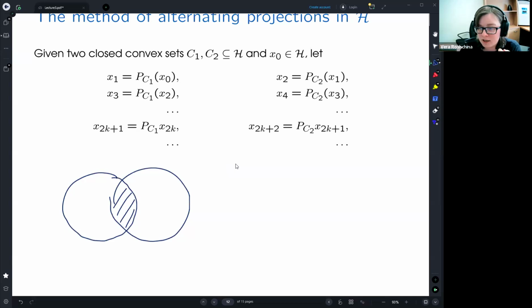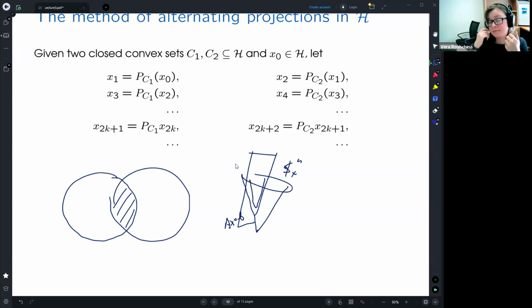So for example, a very simple example, if I take the cone of positive semi-definite matrices, right, and an affine subspace or a linear subspace, then it's very easy to compute projections onto linear subspaces. It's very easy to compute projections on the cone of positive semi-definite matrices.